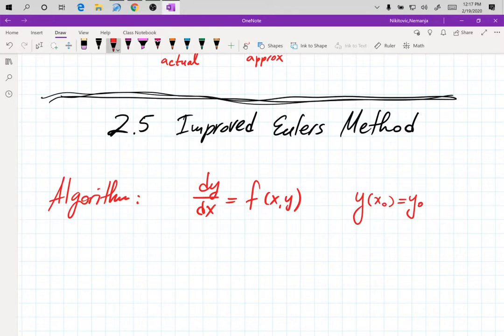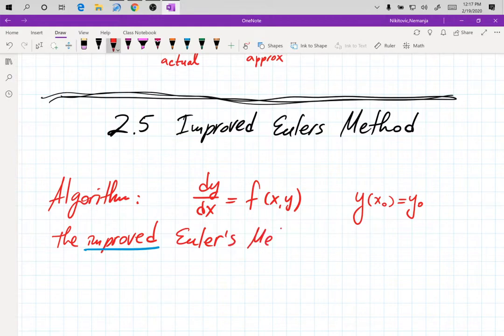So now, the improved Euler's method with step size h.